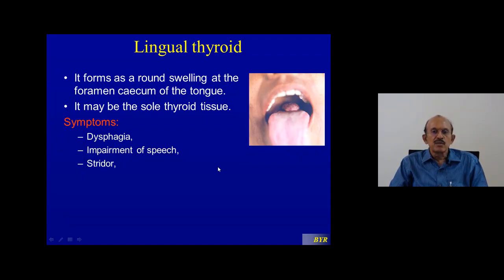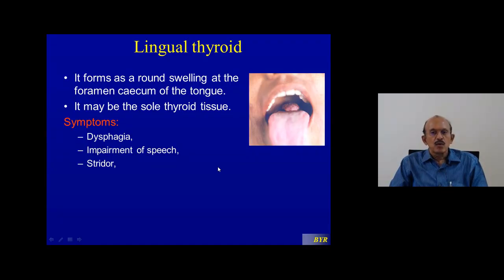Both of them are produced due to narrowing of the air passages. If the major airway passage is partially occluded, major airway means trachea or the bronchi, there will be difficulty during inspiration, and that produces a noise. That is the stridor noise.